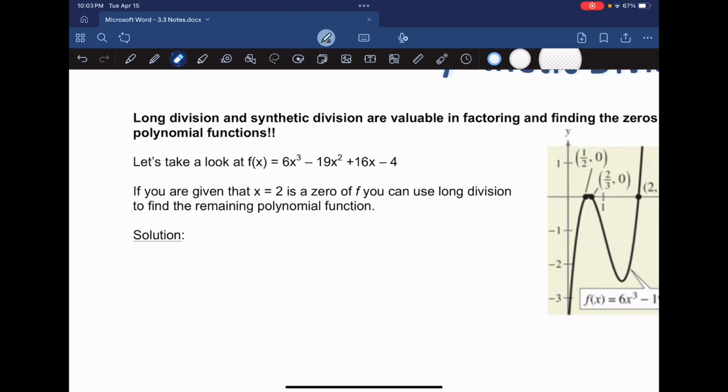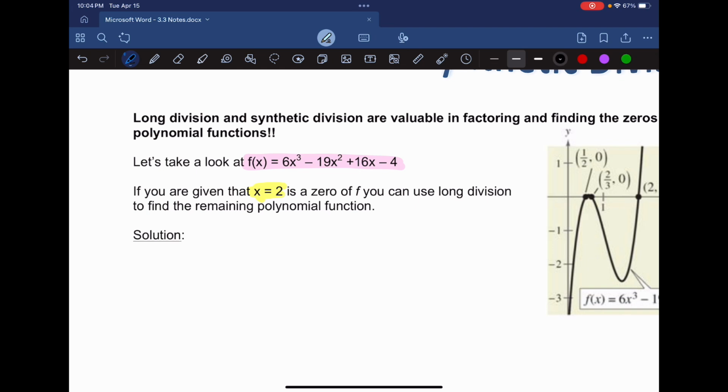All right, so my first question here is saying, let's take a look at this equation. If I were to tell you that x equals 2 is a 0, meaning it's an x-intercept, you can use long division to find the remaining polynomial function, okay?